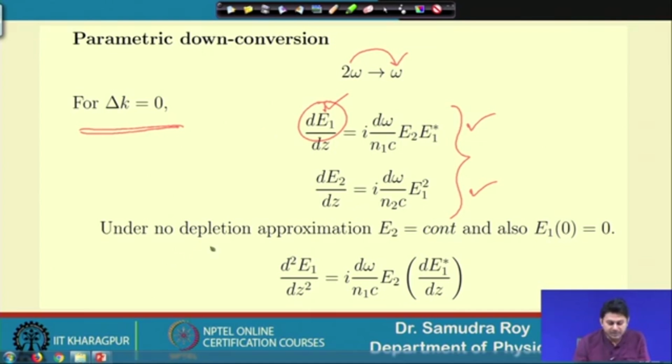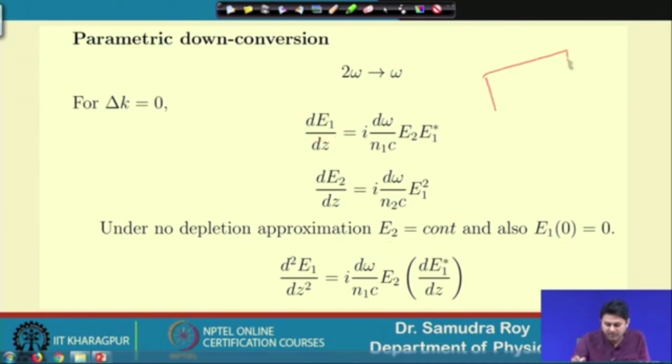Under the no depletion approximation, E 2 is constant and E 1 is 0. So, what is going on here? If I draw a picture, it should be something like this. This is E 2 with frequency 2 omega, and we try to generate here E 1 with frequency omega.